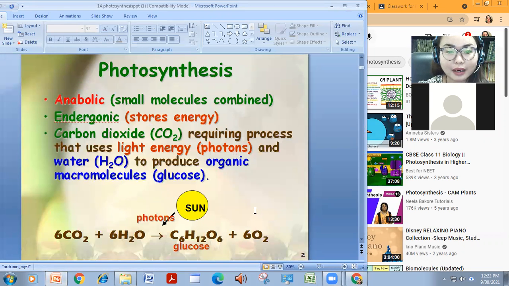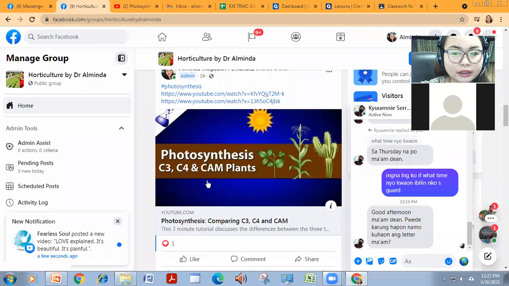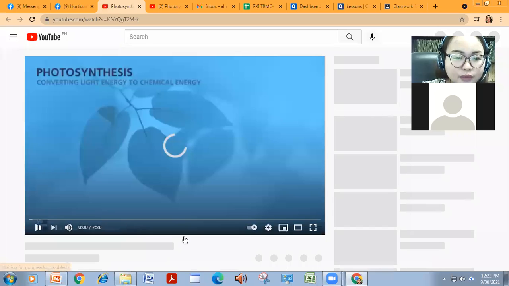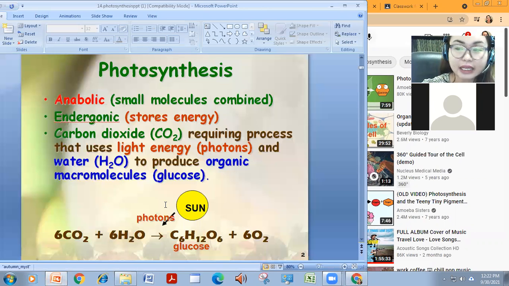You may not know that this simple formula actually undergoes a very rigid process, which involves, as you saw earlier, the light reaction, the Calvin cycle, and the electron transport. It's three processes.